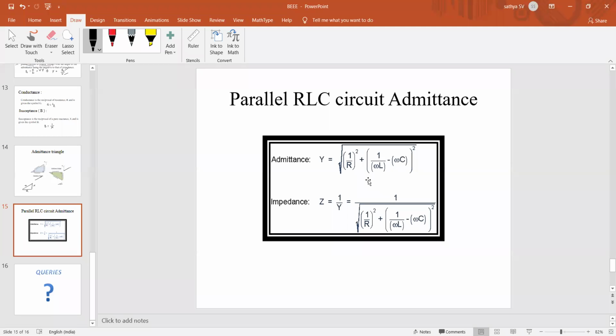So once it is finished, we will go for the numerical problem. Done, all of you? Shall we go for the problem? We will do one problem in today's class.